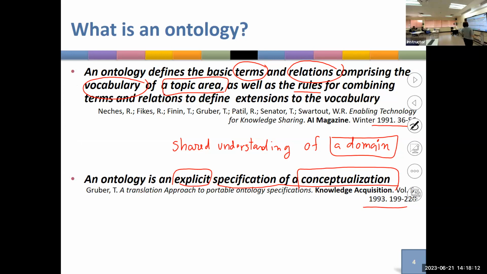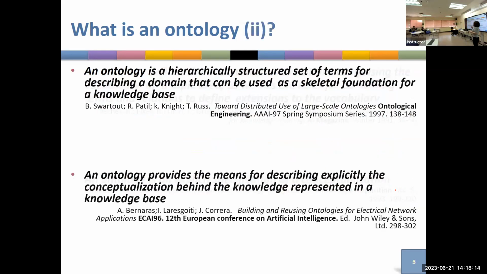Then another definition gives more detail of how ontology is like, such as a hierarchical structure, a set of terms. So it's a term that could be hierarchically structured.